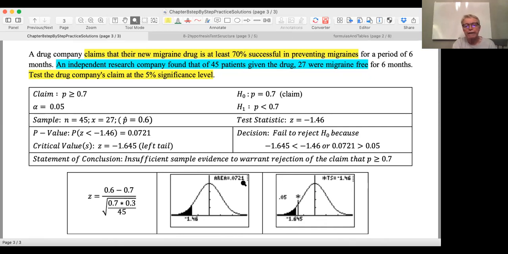And we would remember, to determine if our test statistic is unusual, we compare that to alpha. 0.0721 is bigger than 0.05. So our test statistic is not an unusual value. Remember, for it to be unusual, it has to be less than or equal to alpha. Again, you need to remember that.